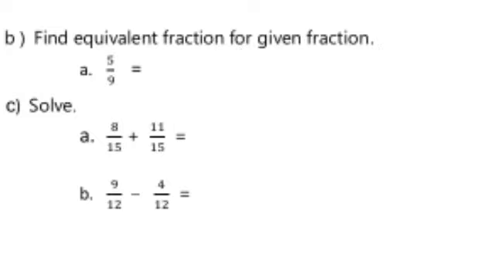C. Solve. A. 8 upon 15 plus 11 upon 15. Here we have to add 11 plus 8, 19 upon 15 is the answer. Next one is 9 upon 12 minus 4 upon 12, and we have to subtract 9 minus 4, and answer is 5.